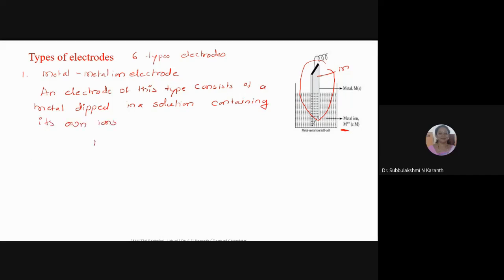You take metal M, and that metal should be dipped in a solution containing its own ions, like Mn+ ions.